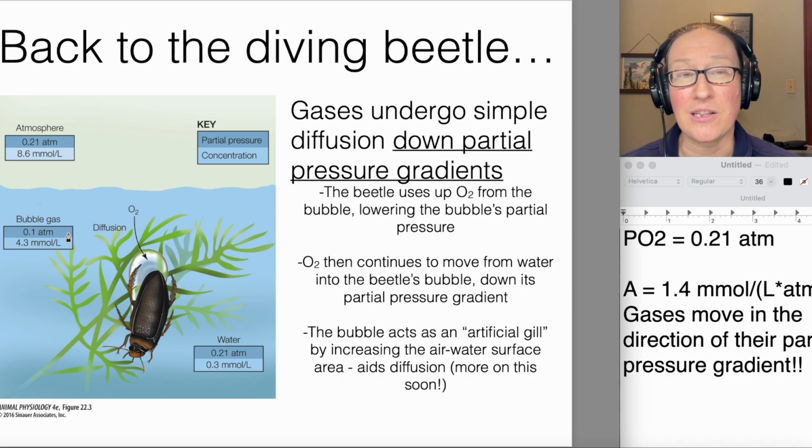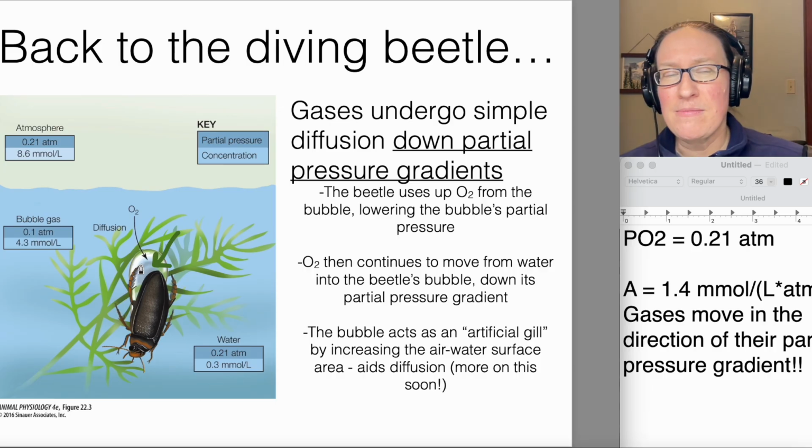It has a lower partial pressure of oxygen, and because it's a gas, it has a higher concentration of oxygen. But notice that the partial pressure of the air inside of this bubble is lower than the partial pressure of air in water, right? So that's going to favor net movement of oxygen from the surrounding water into the bubble.